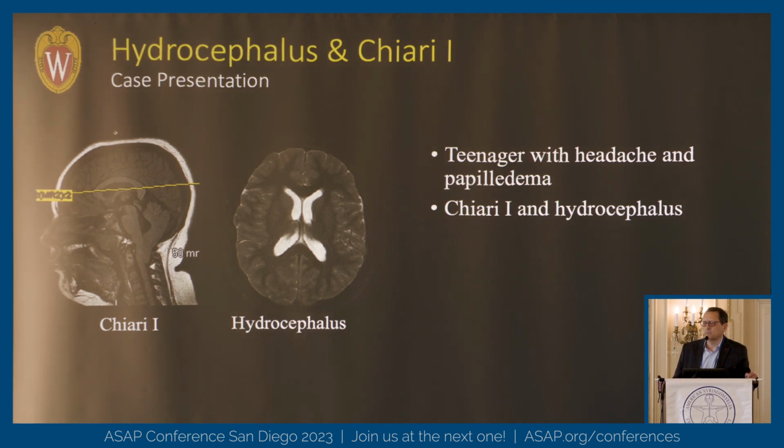I think with the papilledema, I would be worried about doing a Chiari decompression and exacerbating a problem. So I probably would treat the hydrocephalus first. I probably would offer a shunt to start. A shunt, okay. A shunt, especially with papilledema. Okay. Michael, shunt?